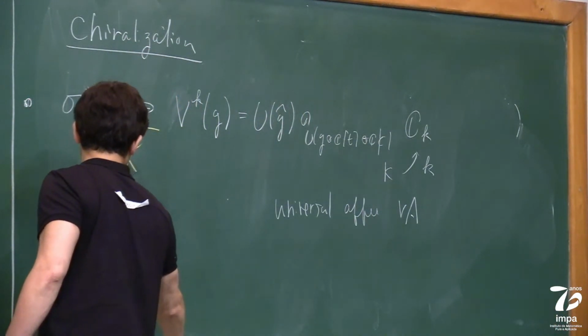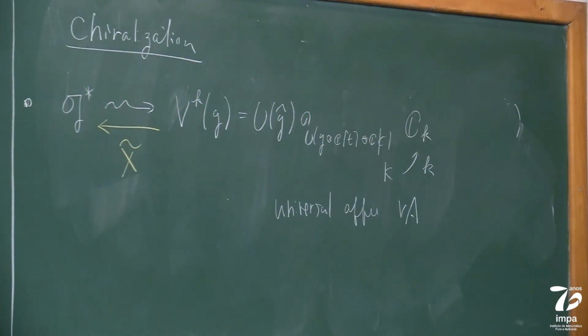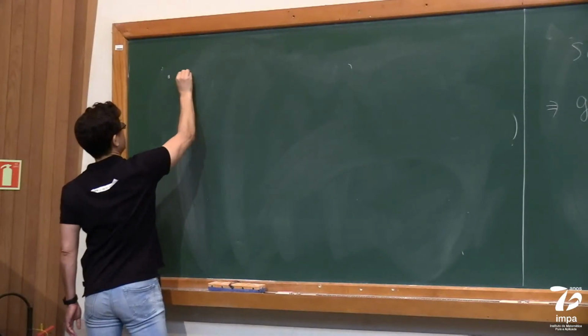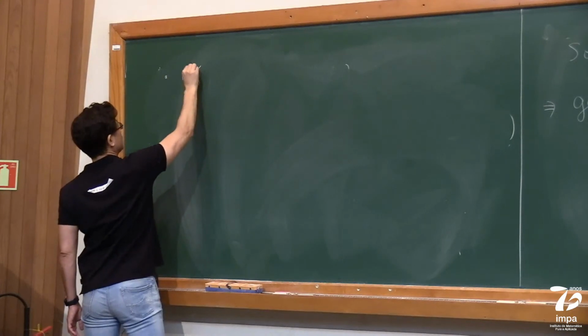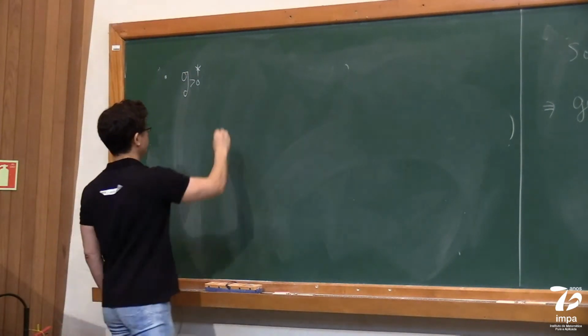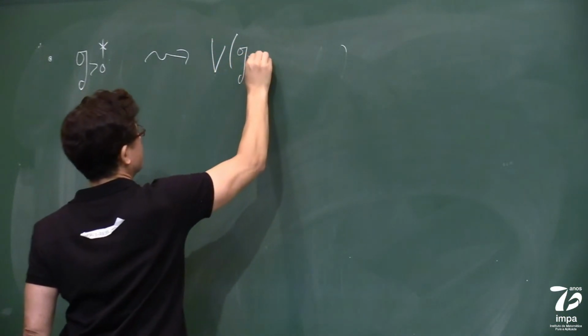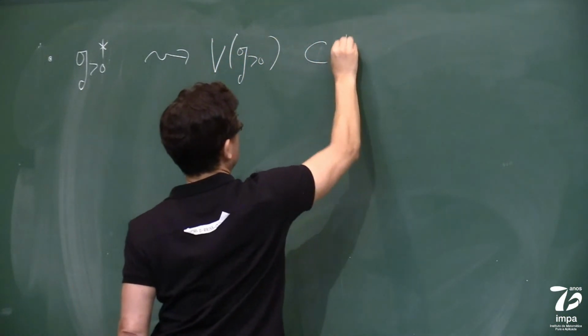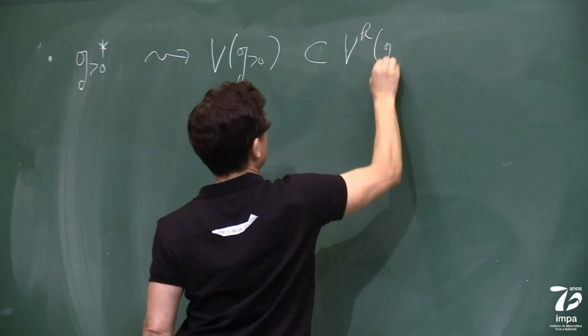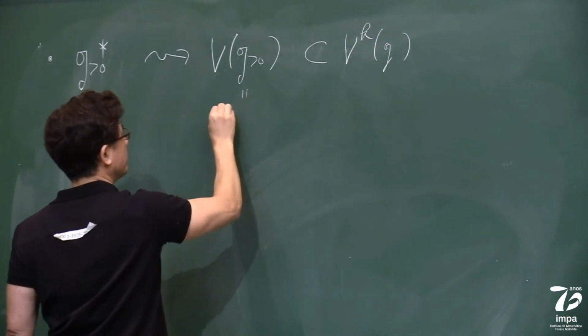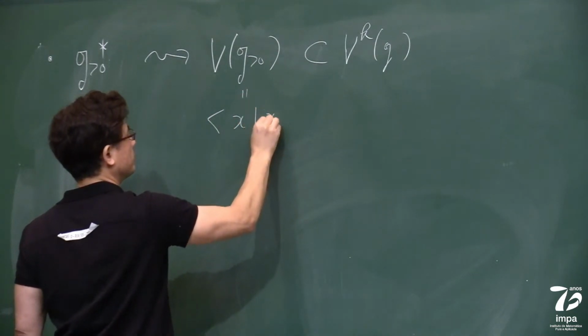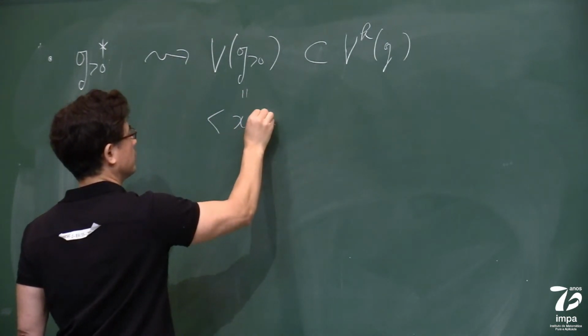And what else do we have to consider? We had G positive star. So this is very easy. We just replace this by the vertex subalgebra generated by elements from G positive.